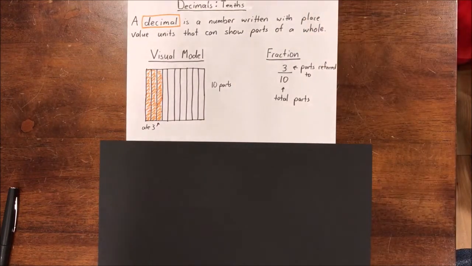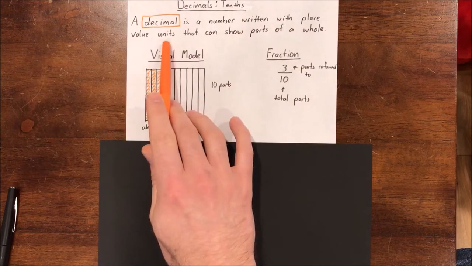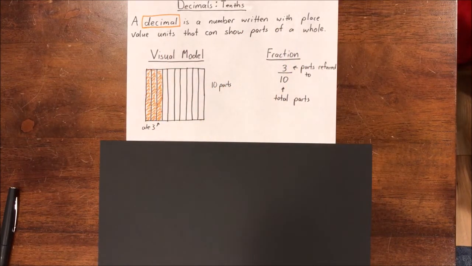So a decimal is a number written with place value units that can show parts of a whole. So place value goes on forever in both directions. And we've talked before about how you can keep making place values 10 times more to get bigger place values. And you can also keep making place values smaller.